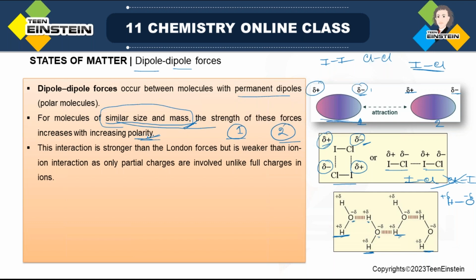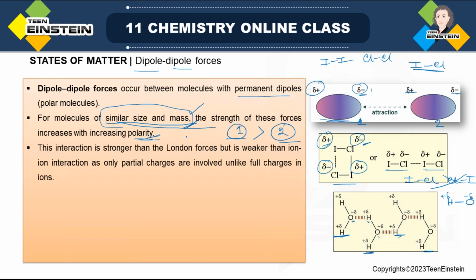As it is a dipole-dipole force present in permanent dipoles, obviously if polarity is high in the first molecule, you can easily say that the dipole-dipole force will be high in the first molecule. But remember, provided similar size and mass, because if 1 and 2 are not of similar size and mass, that point will also have some effect, and in that case you cannot compare whether the dipole-dipole force will be less or high with increasing polarity.